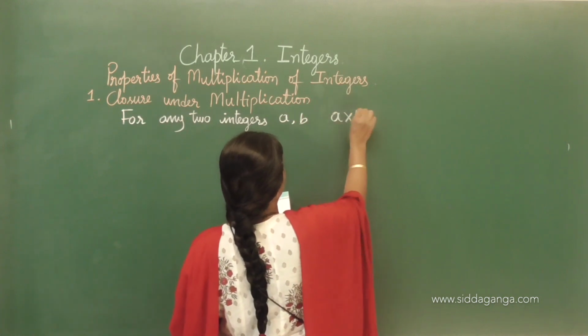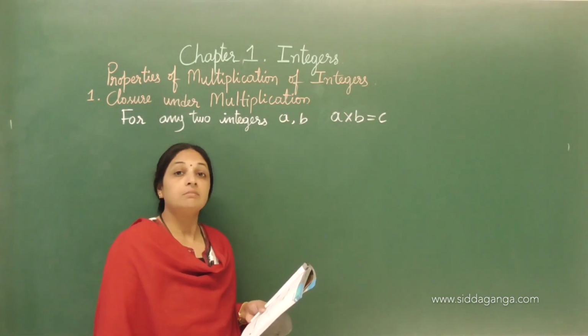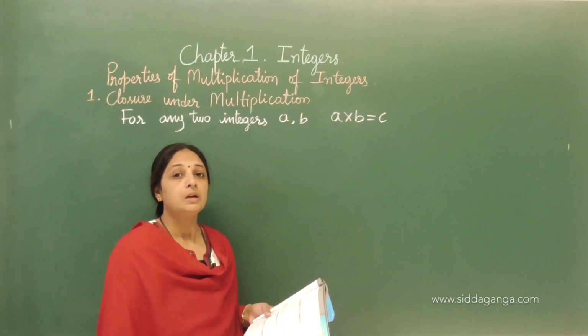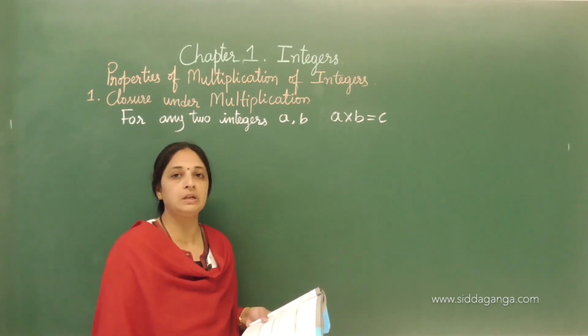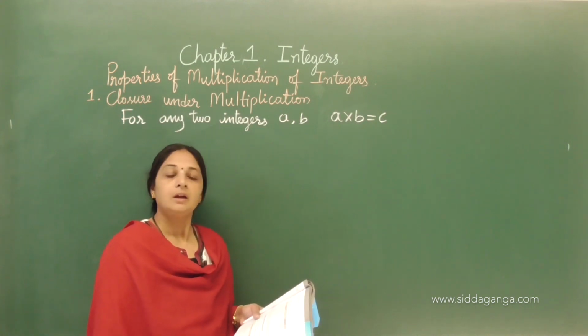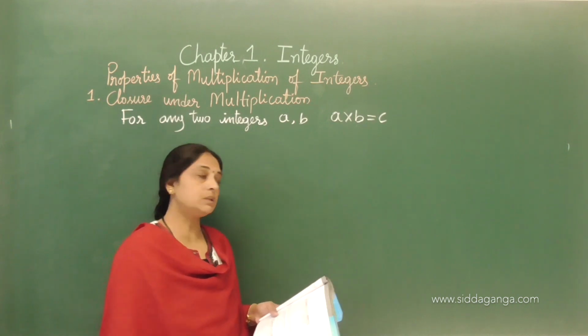A into b is equal to c. We get one product there, and if that product belongs to the integers, then we say it satisfies the closure property under multiplication.